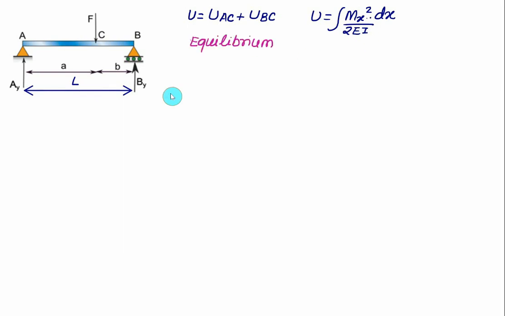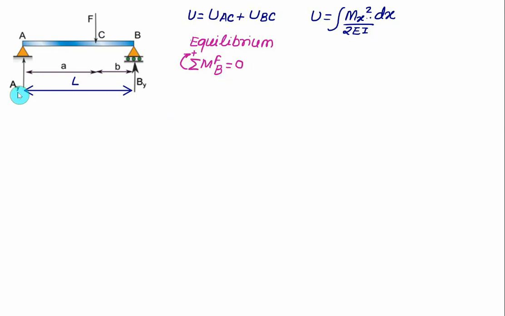To find the value of AY here, we'll take the moment about B. So we have the sum of moments of all forces about B. This time we'll take the clockwise moment as a positive value, and this sum must equal 0.